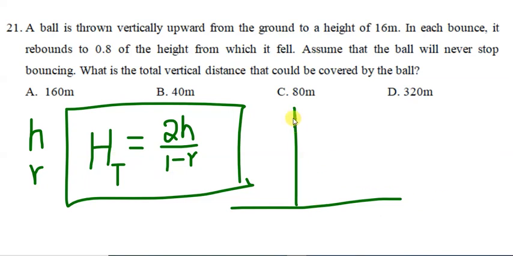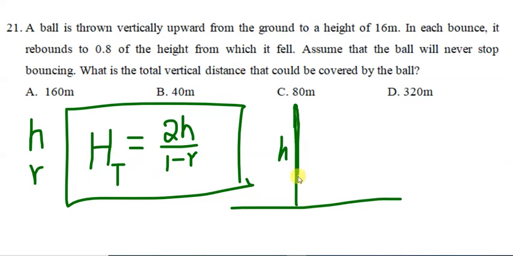And then once it is thrown to the height H, it must return back to the ground again due to the gravitational force of attraction. The path is vertical.